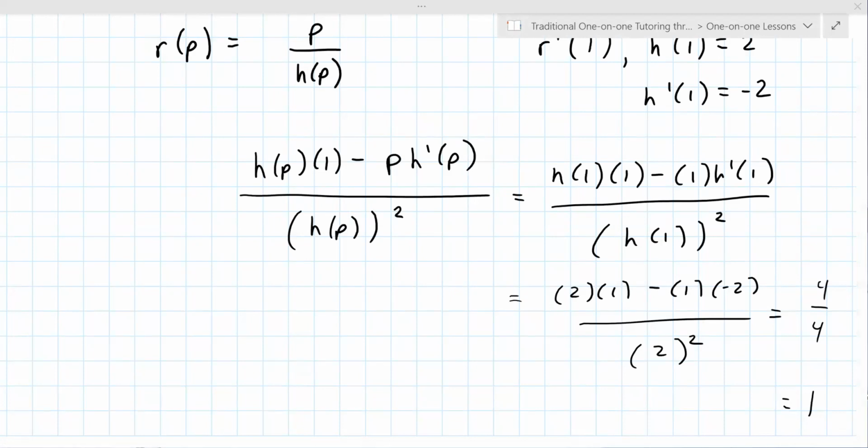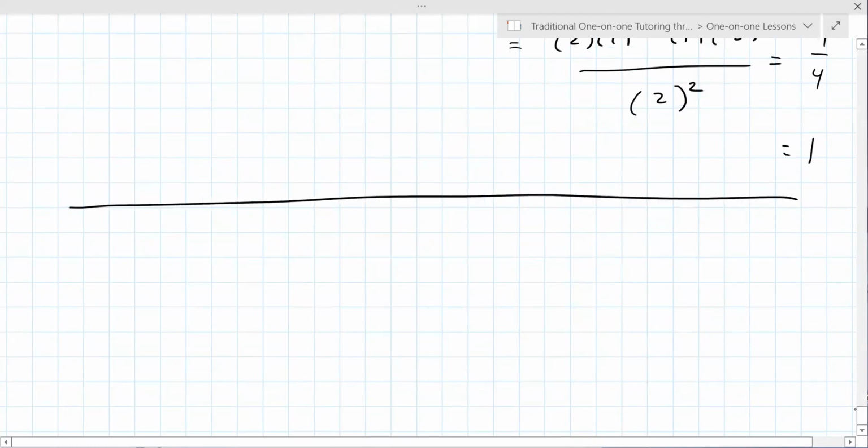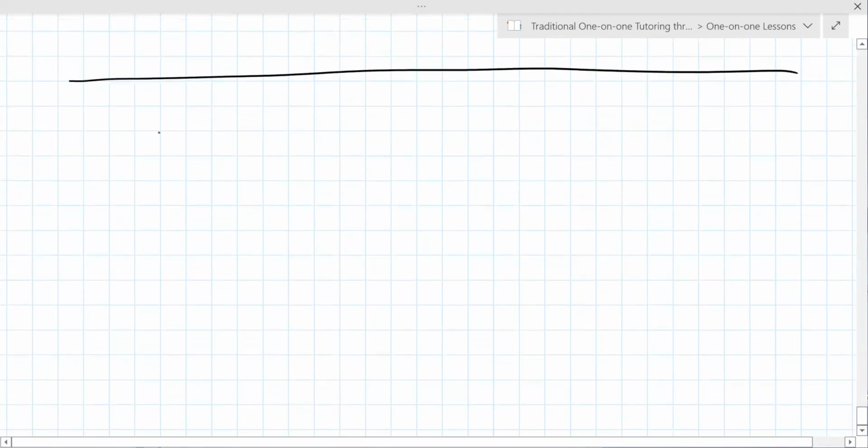Maybe we could do one or two of the log or e problems. They're really hard to make up, the log ones that work nicely, but we could do the one that I sent. I got it right here.